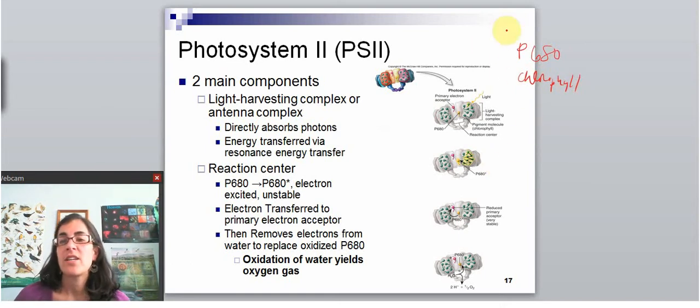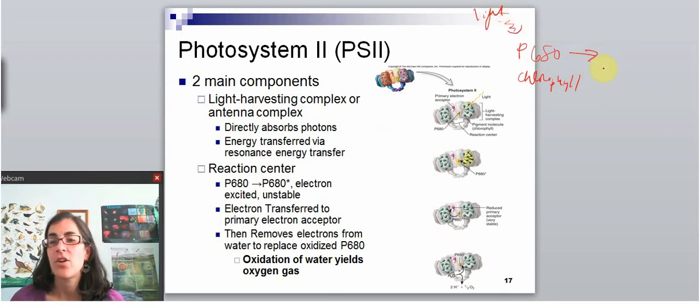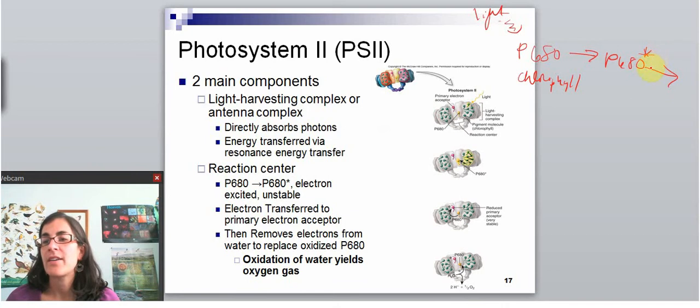So when the light energy is passed to P680, so here's my light energy, P680 gets an excited electron, which is indicated with the little star. So that means there's an excited electron. That electron is then going to leave. So there's the electron getting taken away, and it's going to go to the primary electron acceptor.